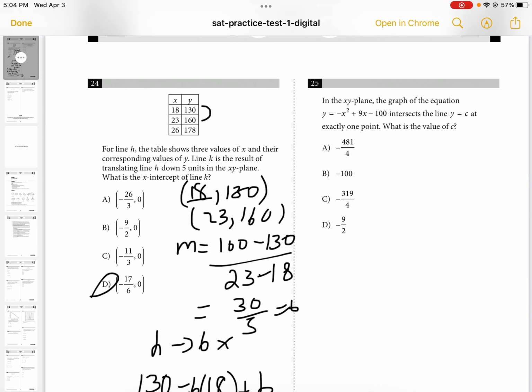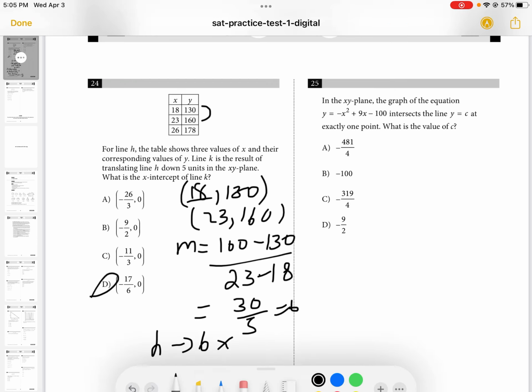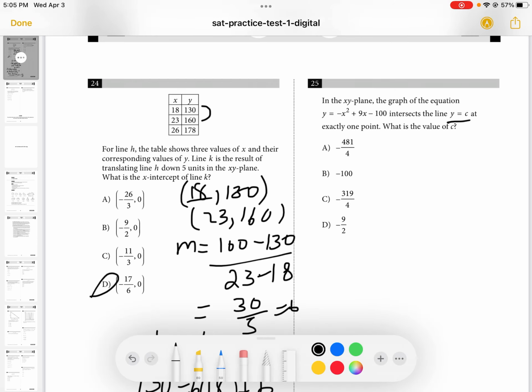Alright, number 25. In the xy plane, the graph of the equation y equals negative x squared plus 9x minus 100 intersects the line y equals c at exactly 1 point. What's the value of c? So a quadratic, in any form, intersects the line y equals c at exactly 1 point at the vertex.